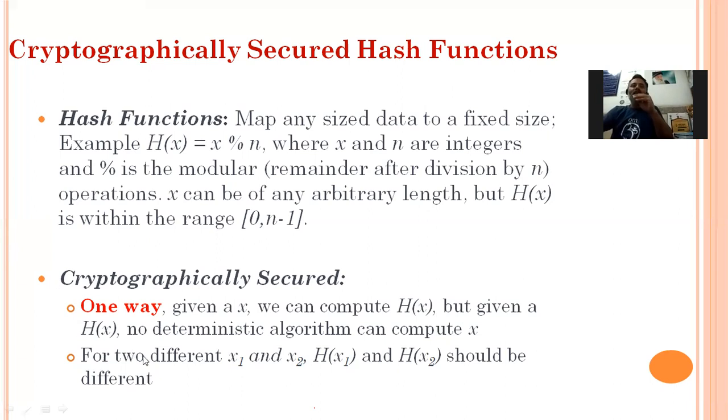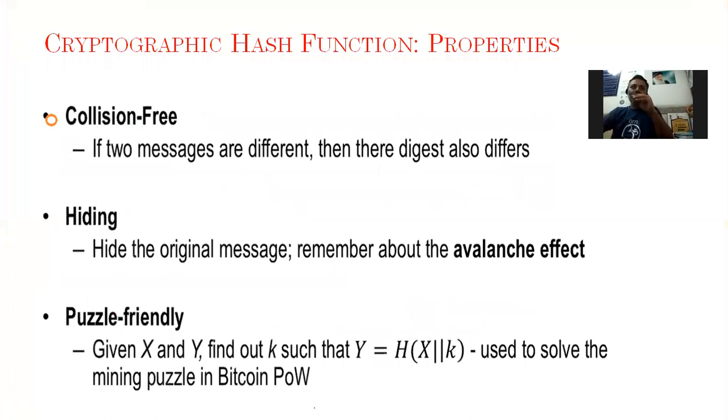Okay, so if it is so, then we will say it is a cryptographically secured hash function. So that is the thing, it should be collision free. Collision free means that if two messages are different, then their digests also differ.